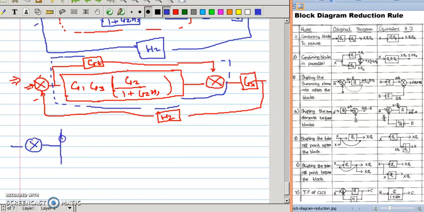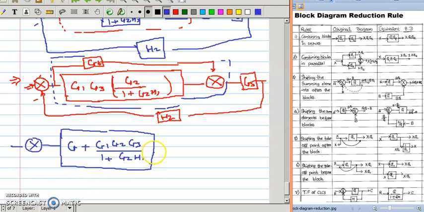So G4 is added with this bigger block, that is G1, G2, G3, divided by 1 plus G2 H1, right? And then there is one last block, that is G5, and the feedback comes from this side, that is H2, right?